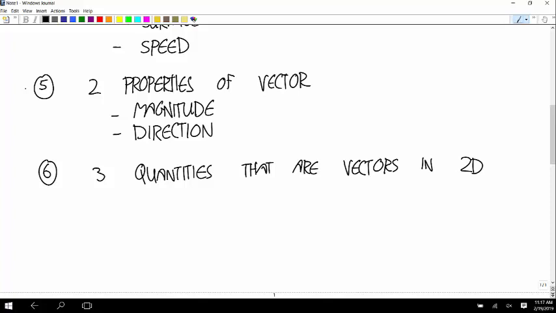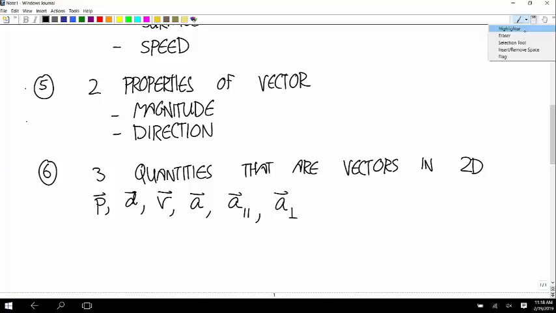Position is 1, displacement is 1, velocity, acceleration. We've talked about the parallel part of acceleration and the perpendicular part of acceleration. All of those things are vectors. Really, the only quantity that we've talked about that's not a vector is time. So any 3 of those work.